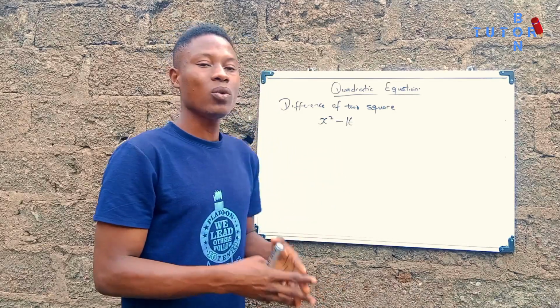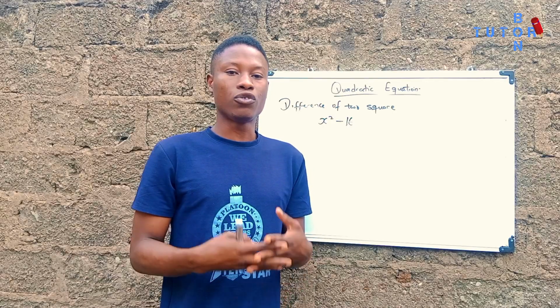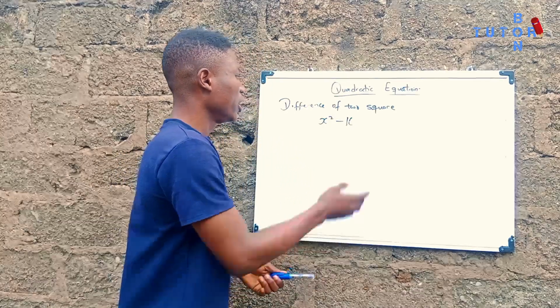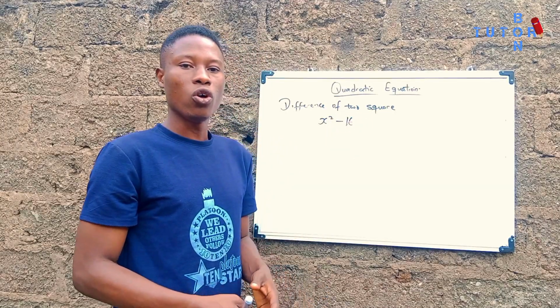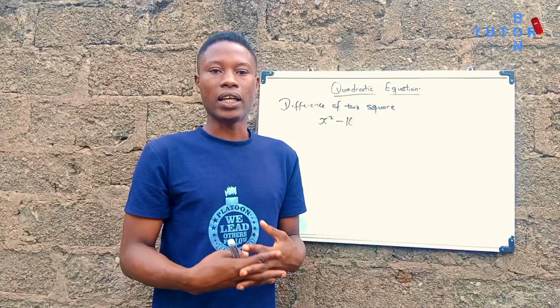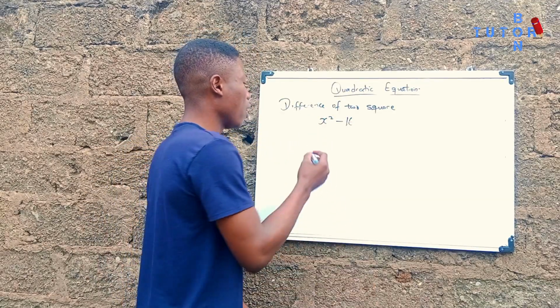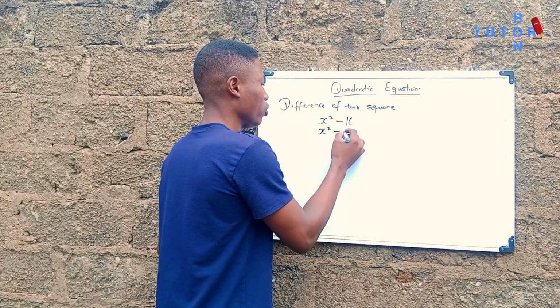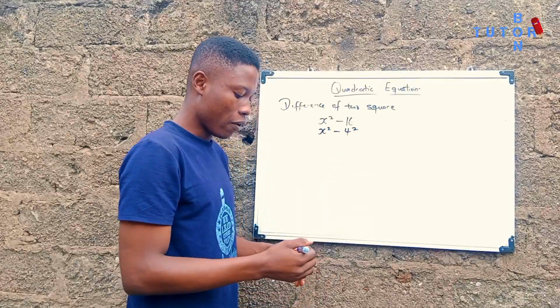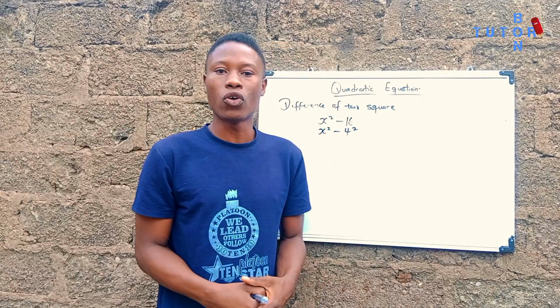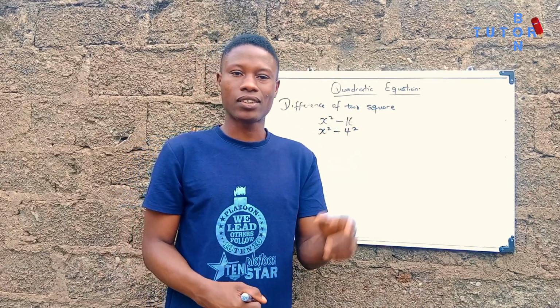The reason why it is called a difference of two squares is because this 16 can also be represented in square form, whereby you have x squared minus 4 squared. Remember, 4 squared is 4 times 4, which gives you 16.